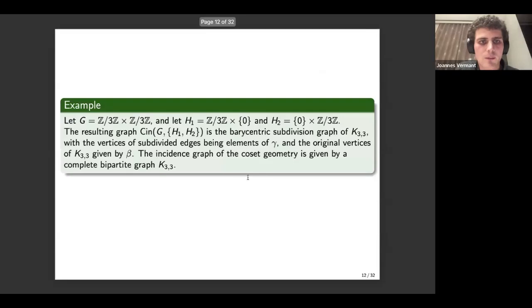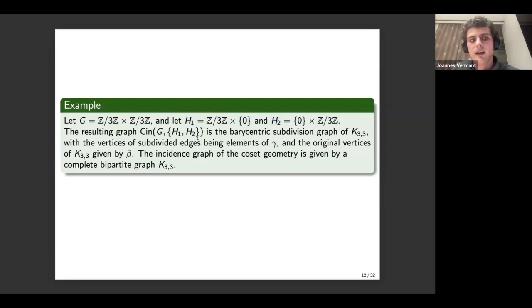So here I have a more concrete example, even though it is a bit simple. We can take a group being the product of Z modulo 3 times Z modulo 3, and we can let H1 be the subgroup given by Z modulo 3 times 0, and then H2 is the subgroup given by 0 times Z modulo 3.